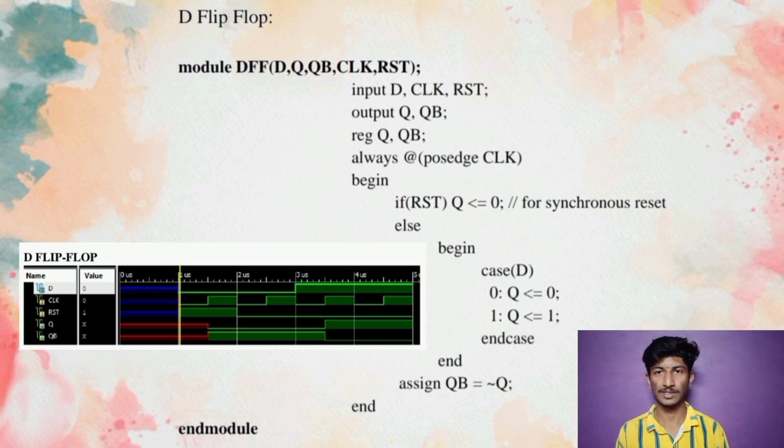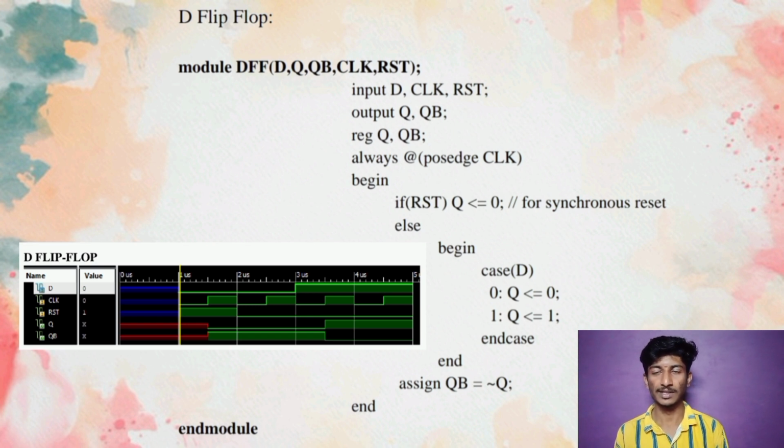Okay, now it's time to know about the D flip-flop. Here the code is like this. The module name is DFF, with D, Q, QB, CLK and reset. Here the inputs are D, clock and reset. Outputs are Q and QB.